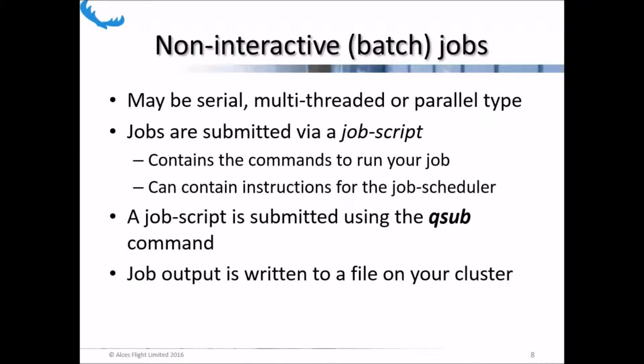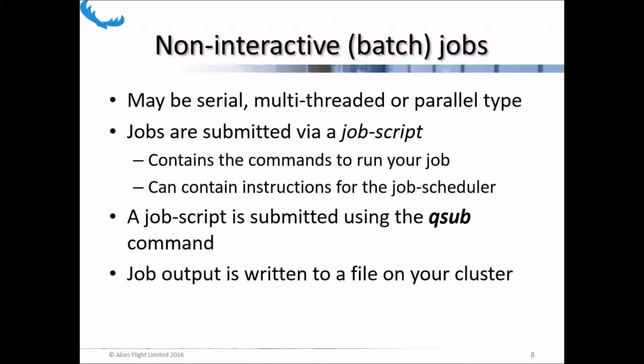The most common way for users to use their job scheduler, however, is by submitting batch or non-interactive jobs. Batch jobs can be serial, multi-threaded, or of parallel type, and they're submitted via a job script. A job script is a list of commands or instructions to the job scheduler to be able to run your job.